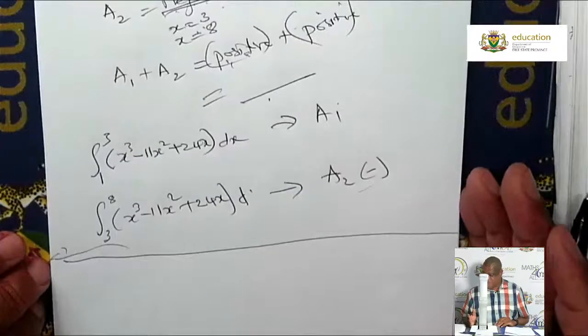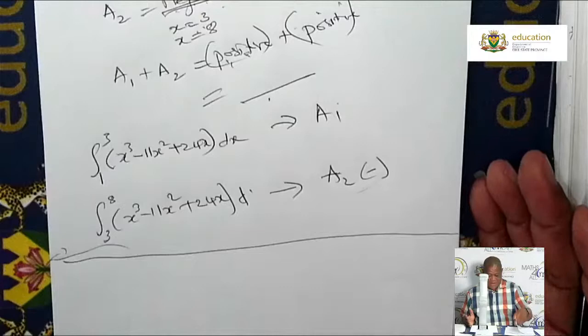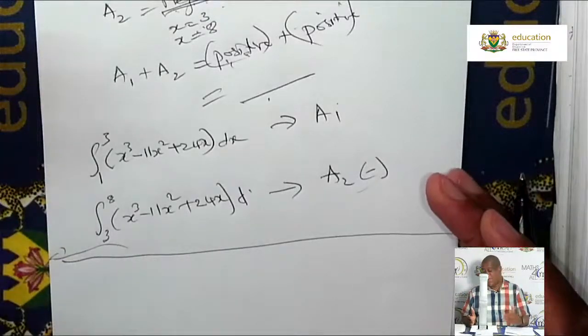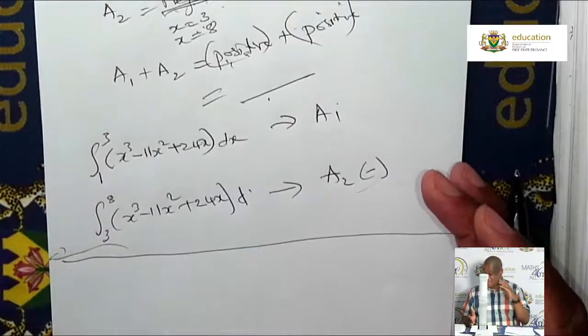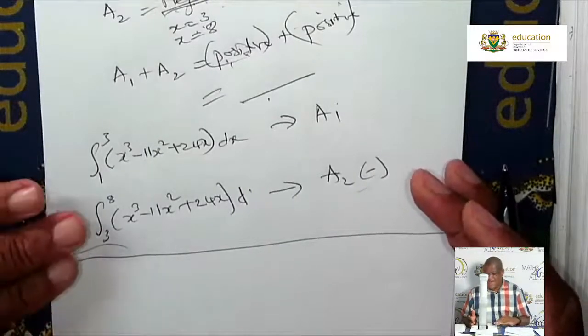And we are saying good luck to all our matriculants, because we believe that if we do our practice having all this in our minds, firstly, we must make sure that we read the question thoroughly.